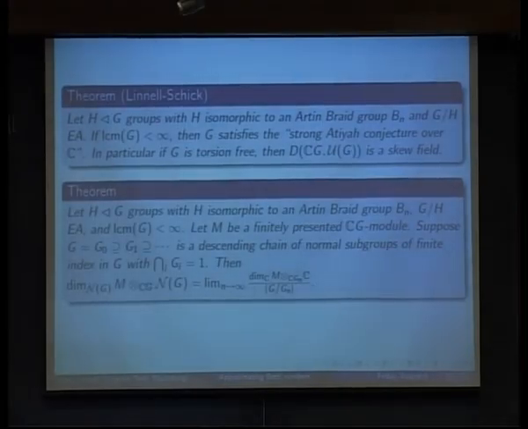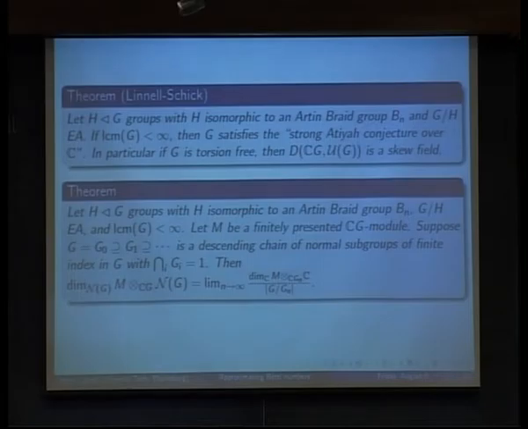I seem to have mistimed this a bit, never mind. So let H be normal in G, with H isomorphic to an Artin braid group Bn, G over H elementary amenable, and finite subgroups of bounded order. Let M be a finitely presented CG module. Suppose we have a descending sequence of normal subgroups intersecting in the identity.